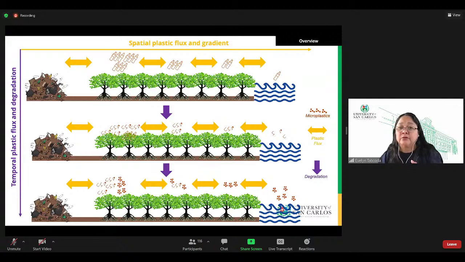Therefore plants would also, in time, die or be affected because of the presence of plastics. For example, in our study sites, we have seen that the more plastics in the mangrove sites, the more the mangroves become unhealthy: there are just a few of them, not so many green leaves, and they are almost dying.